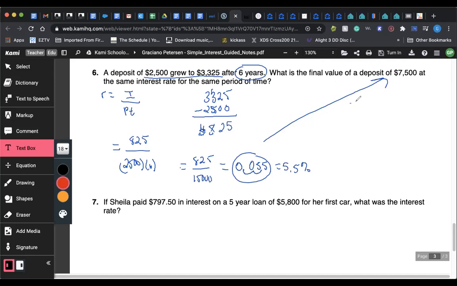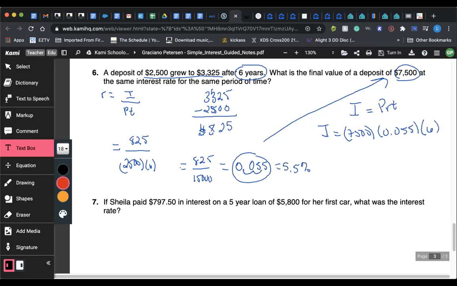So I is equal to PRT: 7,500 times our rate, 0.055, for 6 years.